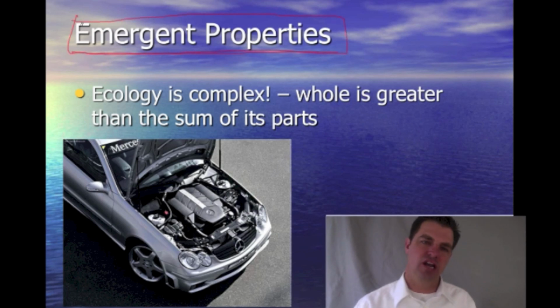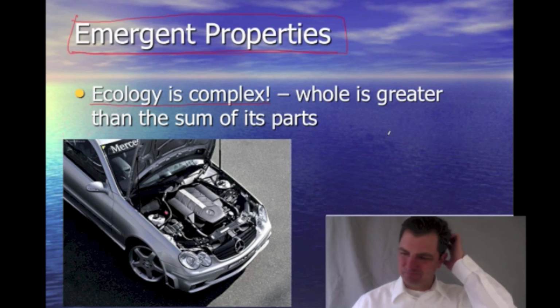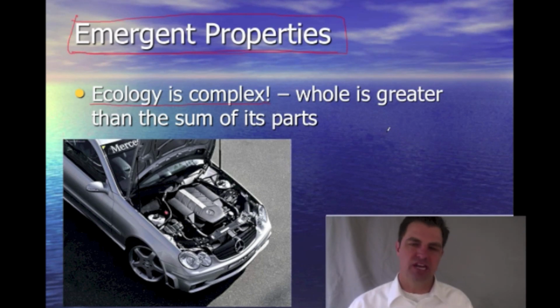Okay, so ecology, it turns out, if you really get down to it, is really complex. It's really hard to understand the ecology of a whole system. So people get the idea, hey, here's a predator and here's its prey, and if you take away the prey, it changes the predator. But it's too simple in nature, really.